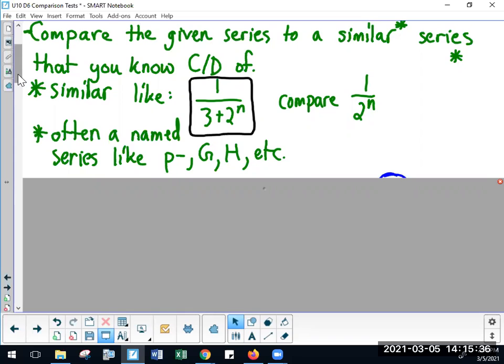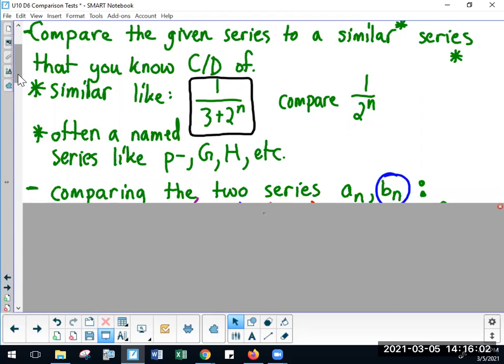Often you're going to have something that looks like a P series, a geometric series, or a harmonic series, but it's not quite right. Okay, so what are we going to do with this?